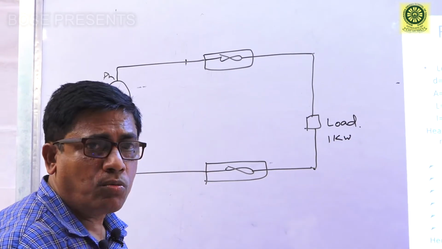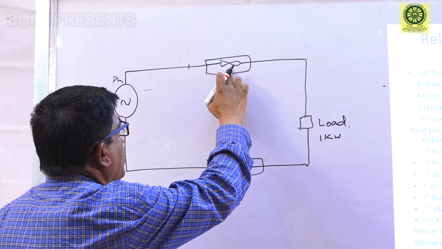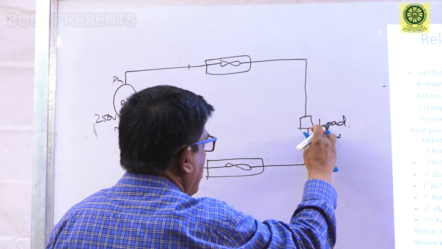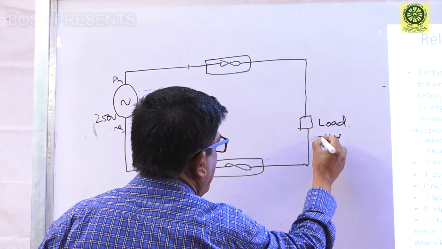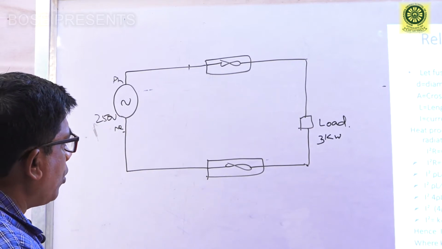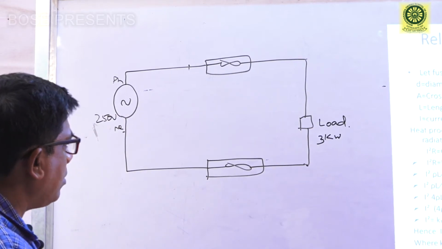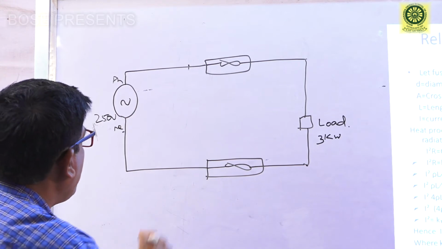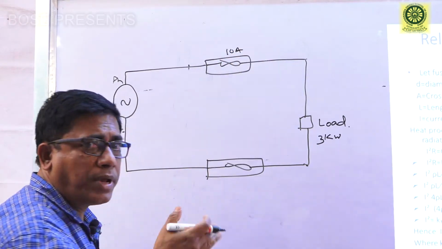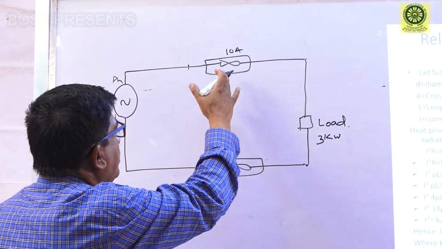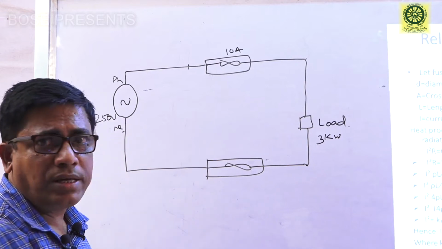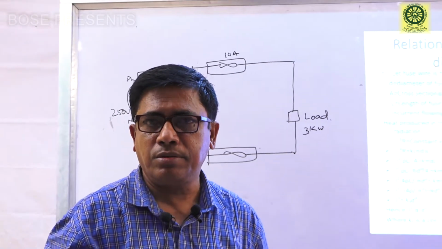When the load was 1 kilowatt, the current was 5 ampere. When the load was 3 kilowatt, your current is 15 ampere. So actually what is happening? Now if I insert a fuse of 10 ampere, above 10 ampere it will be heated and finally it will be disconnected. This is known as the overloading of fuses.